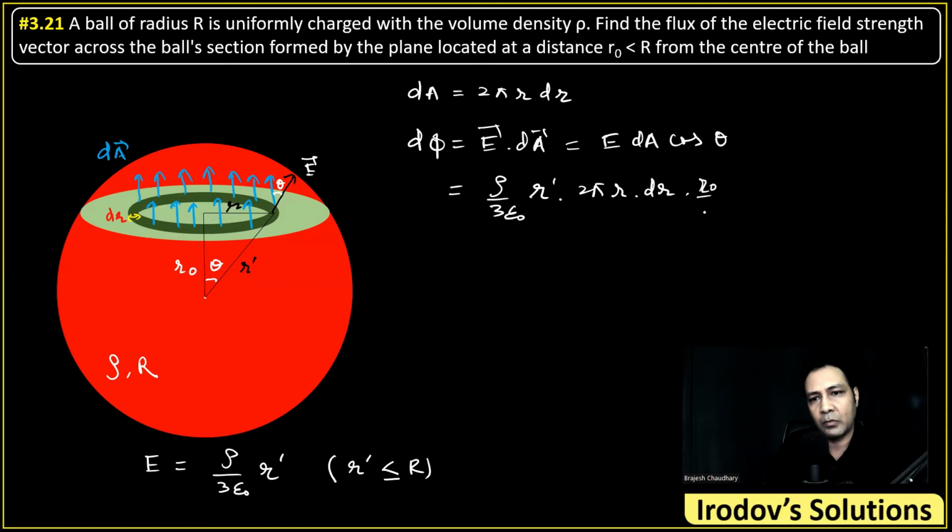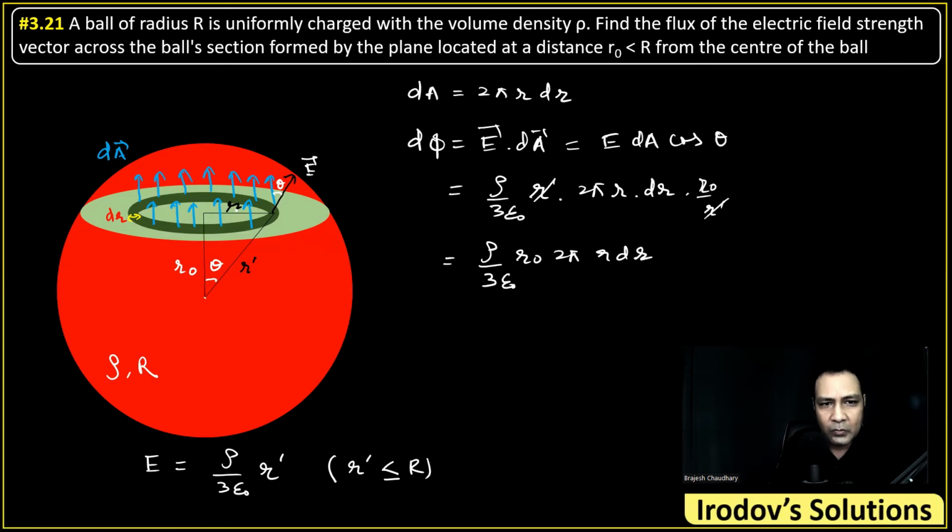So this r dash will get cancelled. Now I have the flux in terms of only one variable, that is r: rho by 3 epsilon naught r naught times 2 pi r dr.